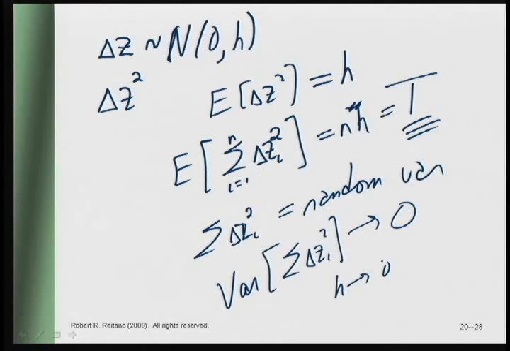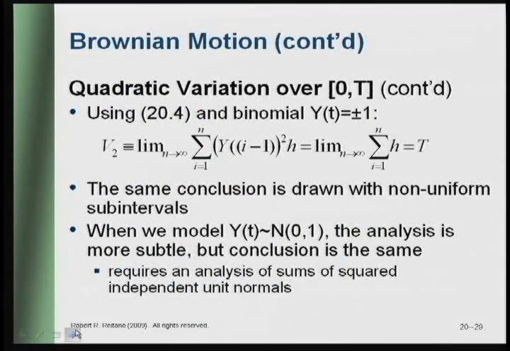So while we can say the sum of squares of these delta z's has a mean of t, more importantly, the sum of squares becomes less and less random as n gets big, as h gets small. Less and less random to the point where the variance of that random variable goes to 0. So we end up with the conclusion that, in fact, as n goes to infinity, the sum of those squares is exactly t.